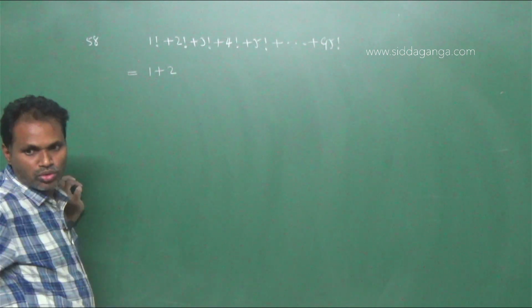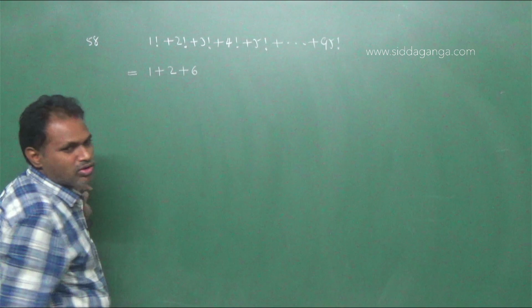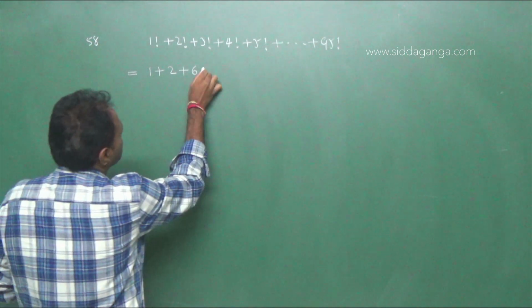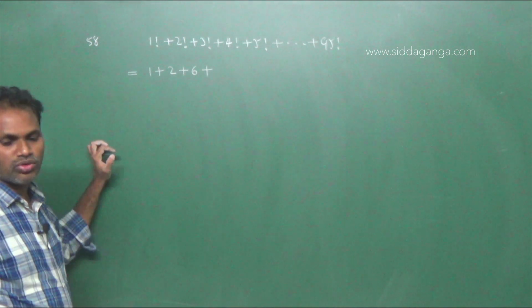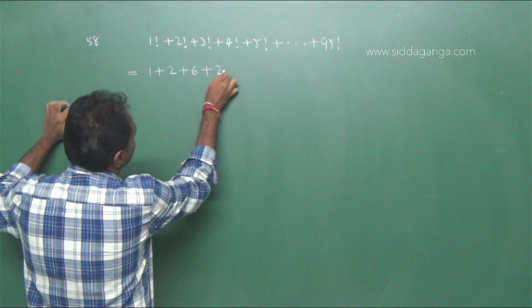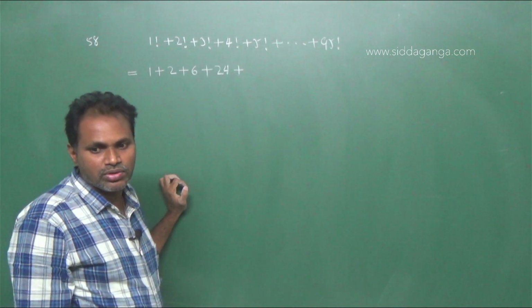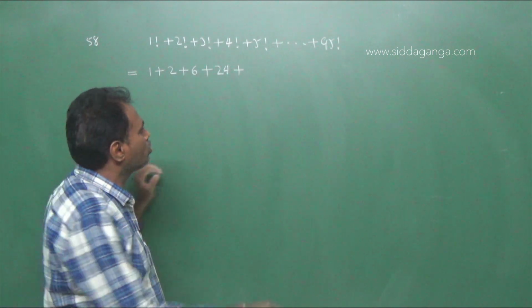and 3 factorial value is 6, 3 into 2 into 1, that is 6, plus 4 factorial means 4 into 3 into 2 into 1, 4 into 3, 12, 12 into 2, 24, plus 5 factorial. 5 factorial means 5 into 4 into 3 into 2 into 1.